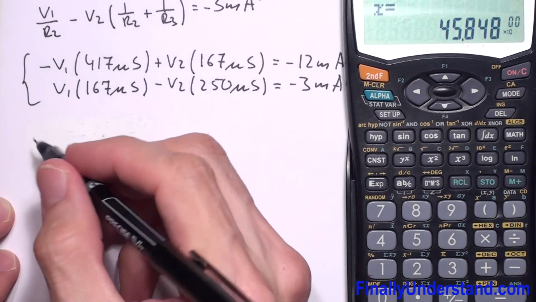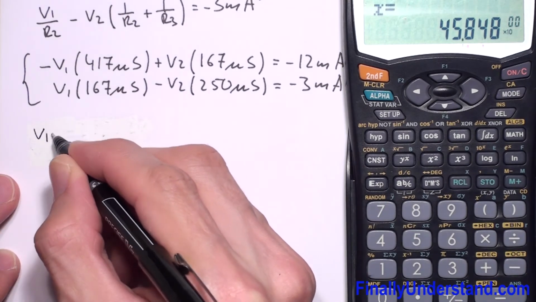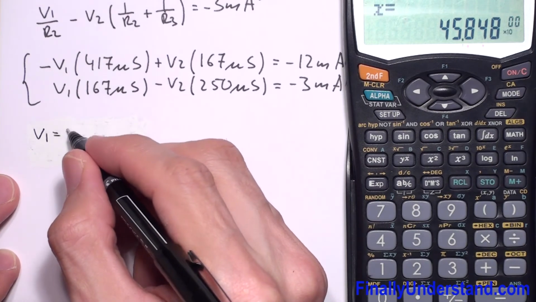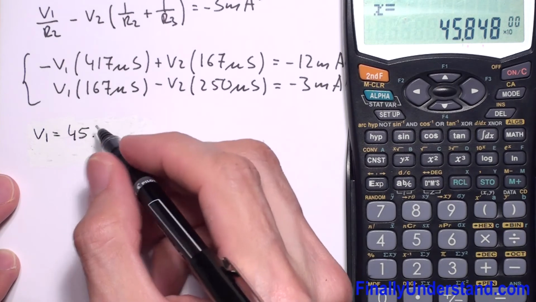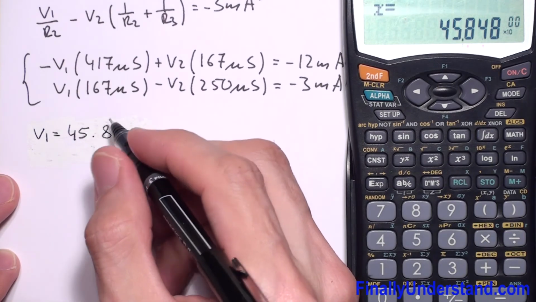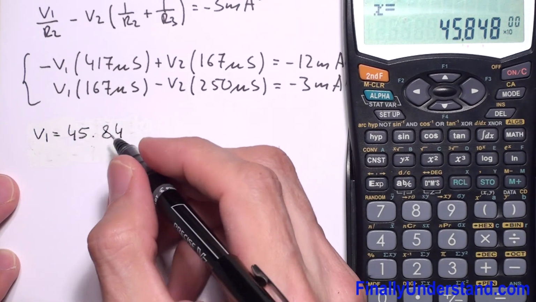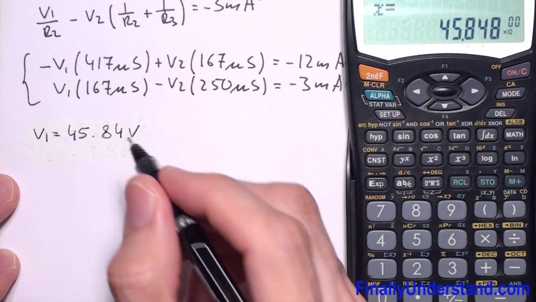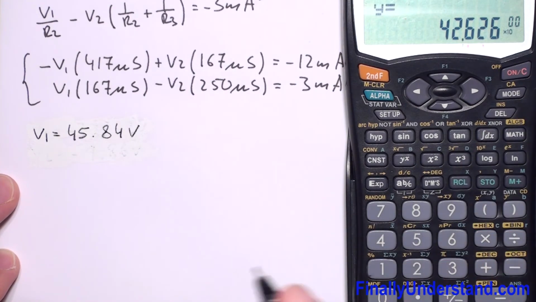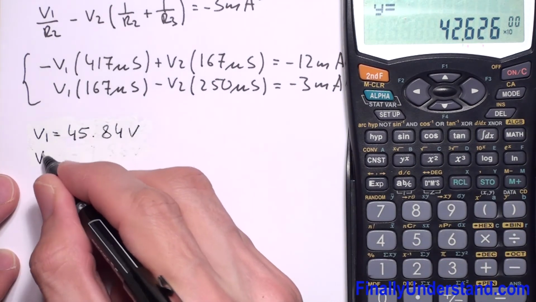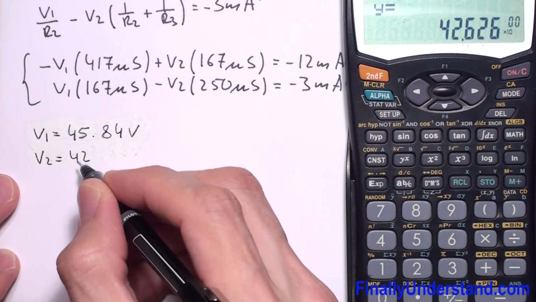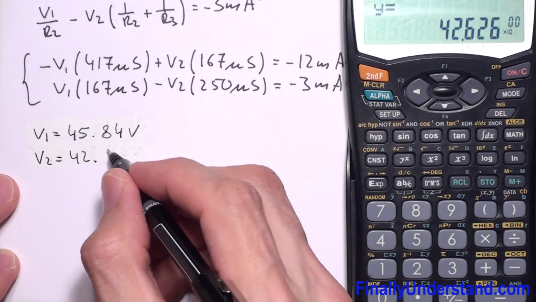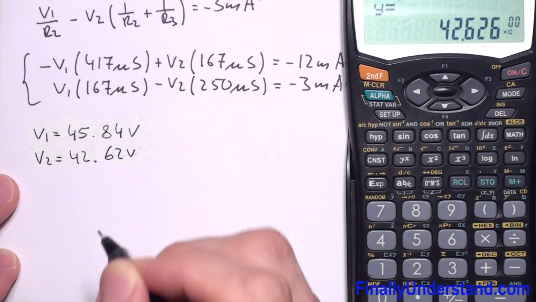So the value of V1 is equal to 45.84 volts, and V2 is equal to 42.62 volts.